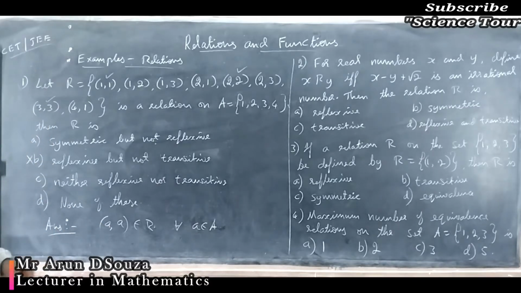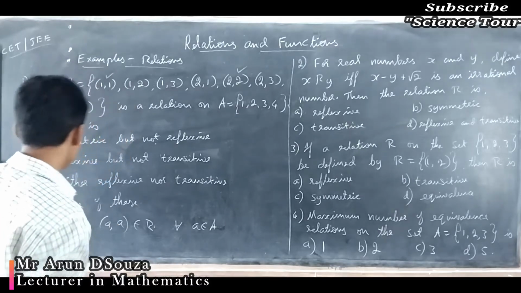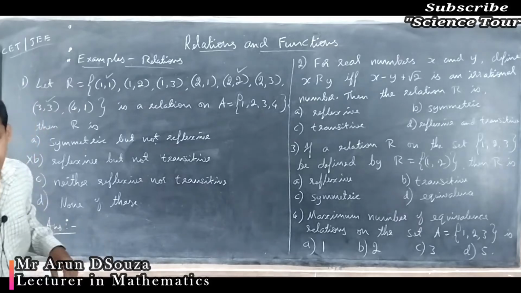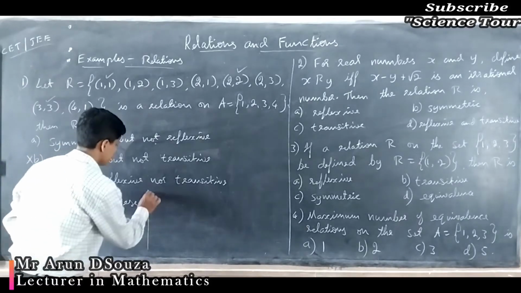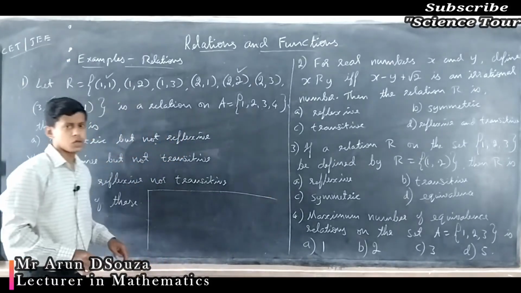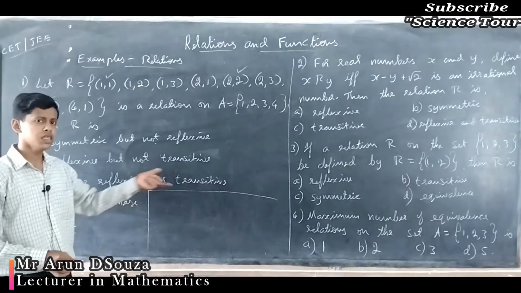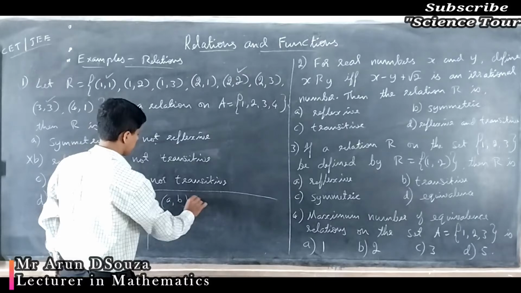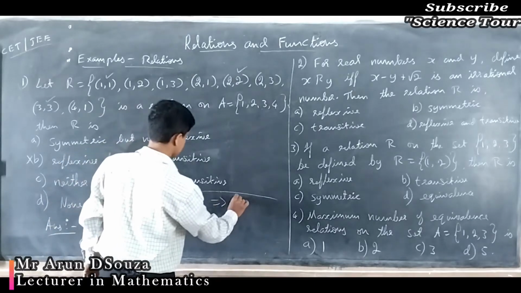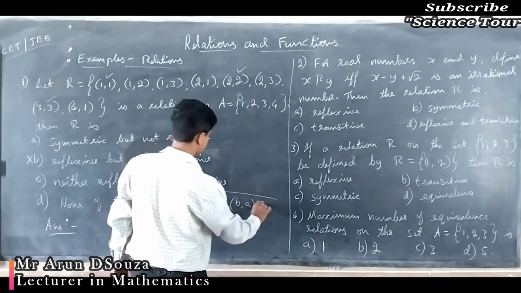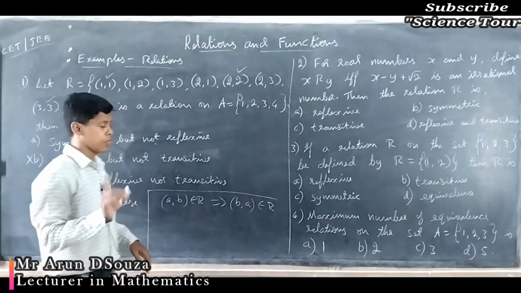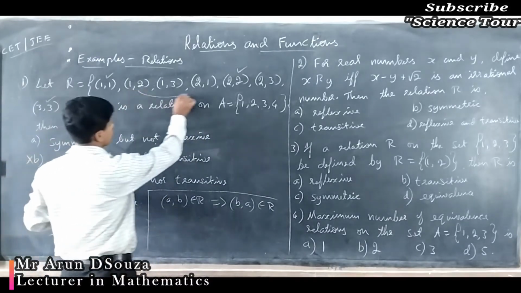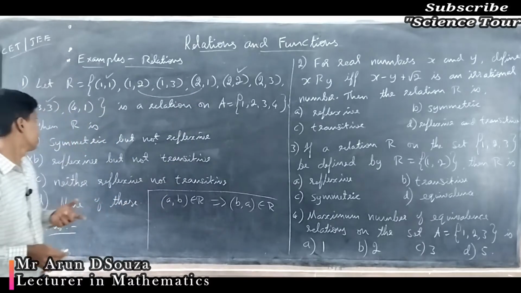So is it symmetric? For symmetric you have to check for the ordered pairs of the type (a, b). If (a, b) is there, then (b, a) must be there. So if (a, b) belongs to R, that implies (b, a) belongs to R. Now you got (1,2), and there is (2,1) as well.